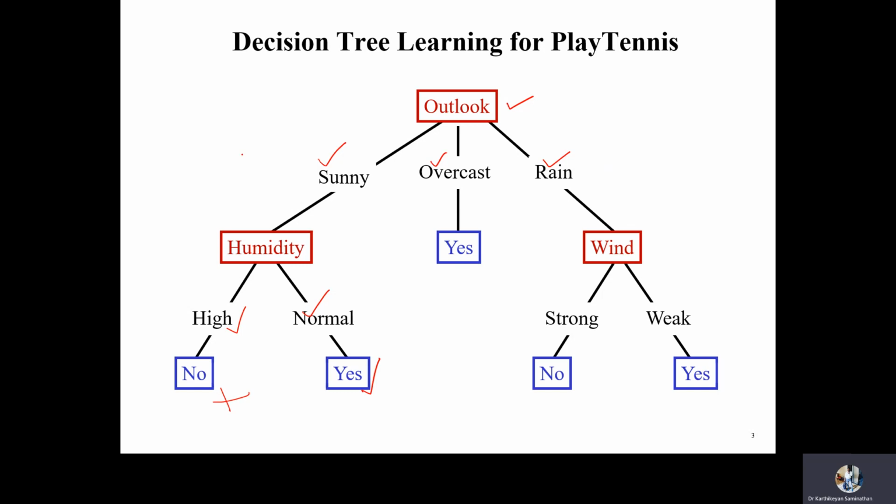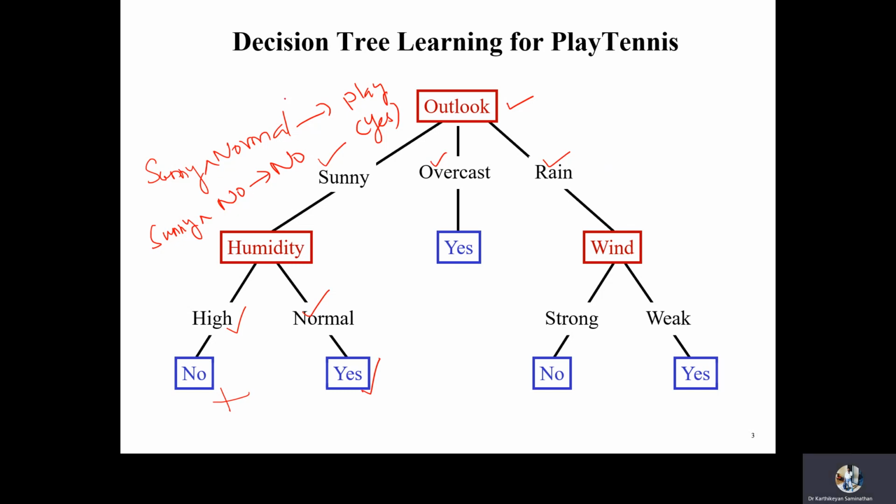So now you can write the hypothesis here. Generally you can write sunny, and if it is normal, then he will go for play. Yes, we can say yes. For example, sunny and high, then he cannot go, he never plays tennis. No. So this is how we are writing, this is how we are predicting.